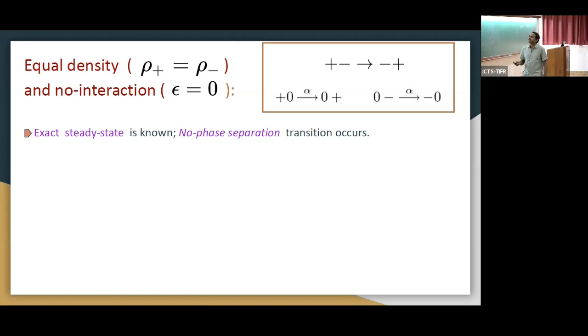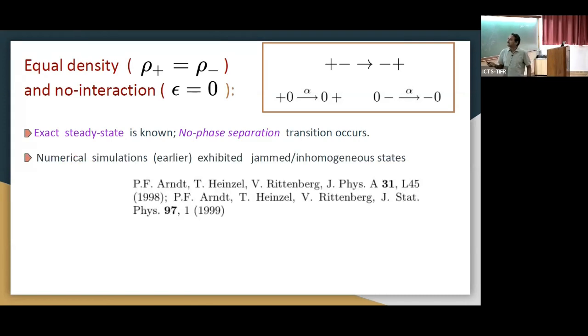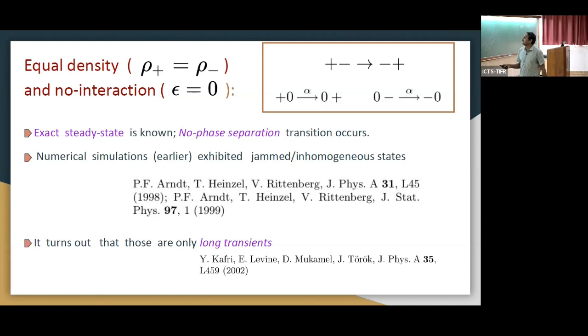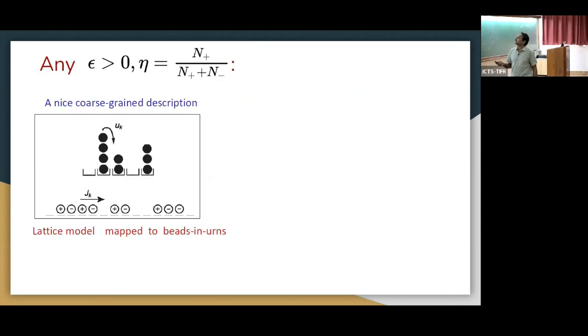That is known. But surprisingly, before we knew this exact solution, numerical simulations exhibited jammed and inhomogeneous states, and a lot of work claimed this model exhibits a phase separation transition. It turns out these phase separated states are only long transients, and there is no phase separation in the system.